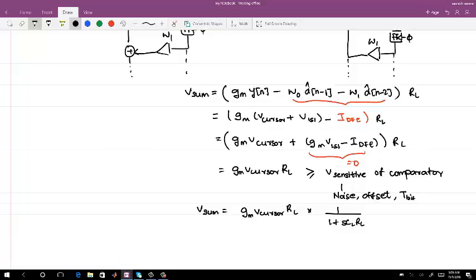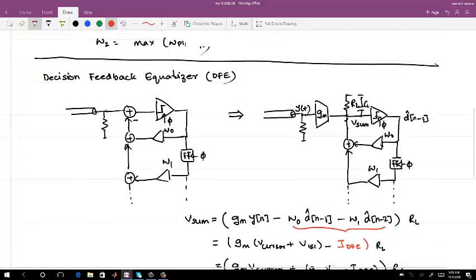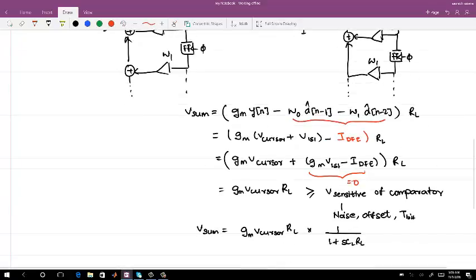How much time delay are you having? Let's call all the current coming from the signal I signal, and your IDFE.